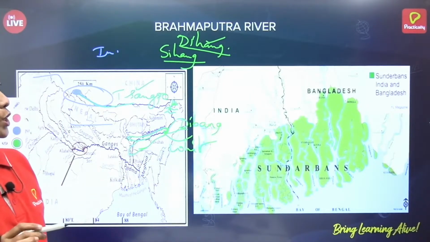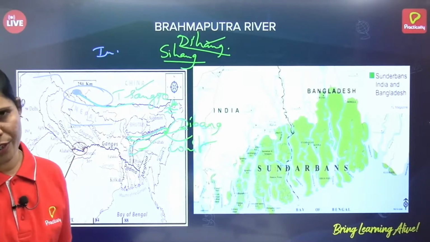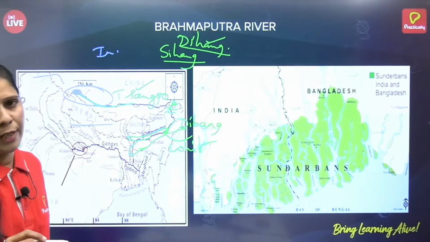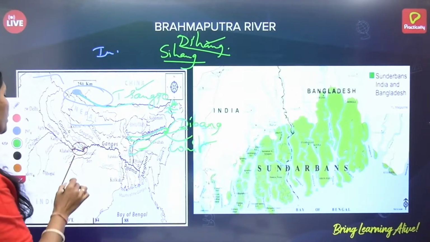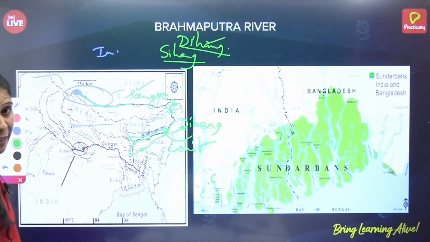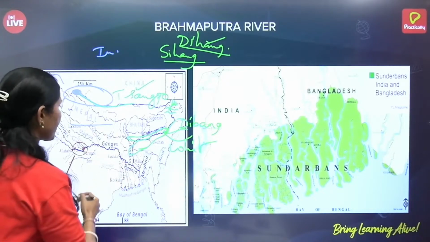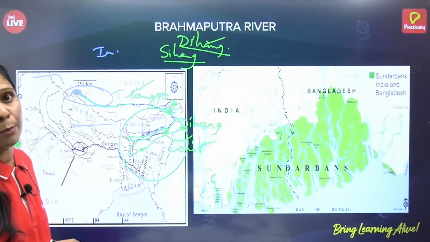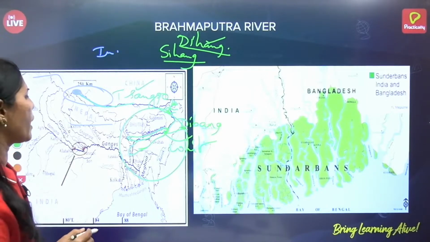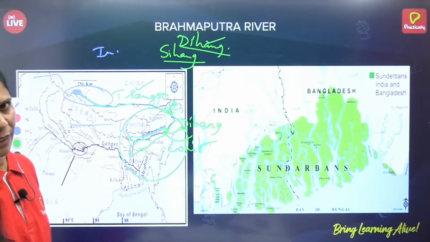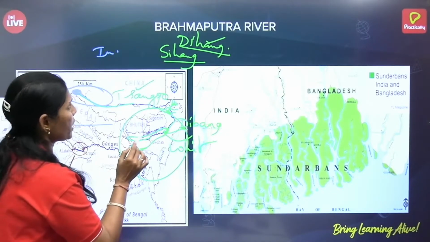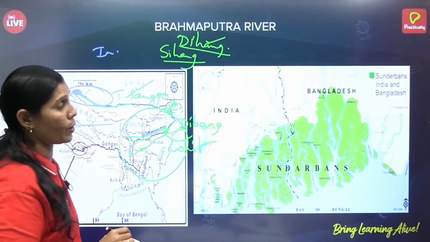One of the important things you need to note here is that Brahmaputra floods every year. Why? Because, and I will tell you in the climate topic, excess rains occur in the eastern states during the monsoon period. So every year Brahmaputra overfloods, and due to that, Brahmaputra forms different types of landforms.